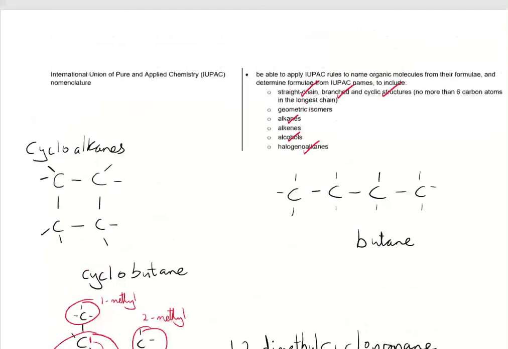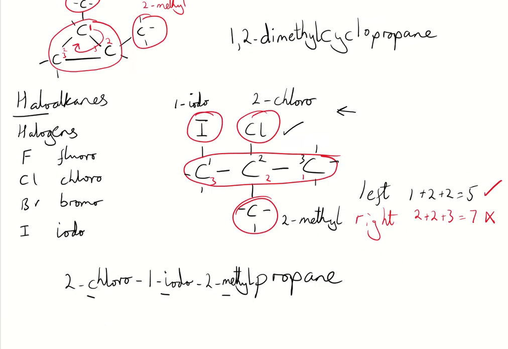So we just scroll up to look, because we need to go through this bit there. So we've done the general naming of alkenes, but the geometric isomers now.